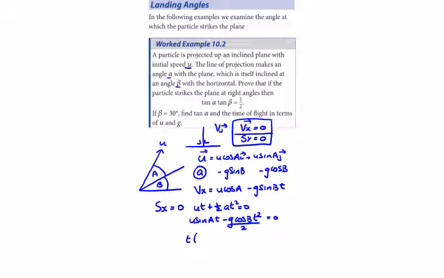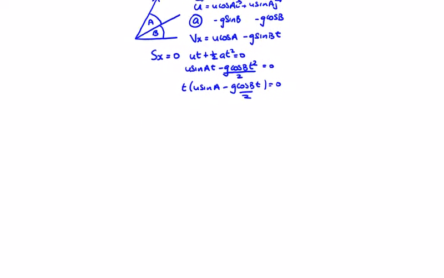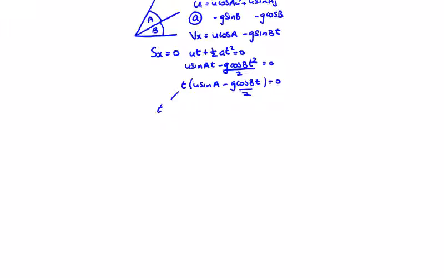Factoring out our t, we get u sine alpha minus g cos beta times t over 2 equals 0. So either t equals 0, or u sine alpha is equal to g cos beta times t over 2. So t becomes 2u sine alpha divided by g cos beta.